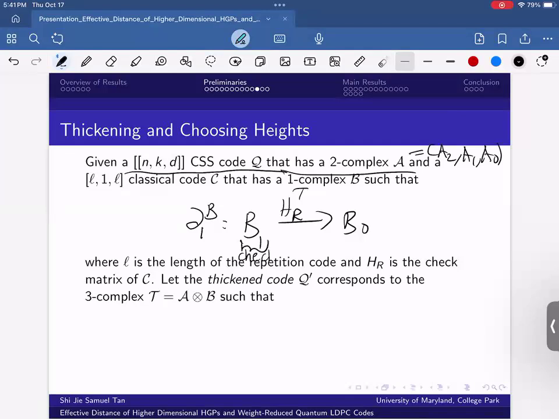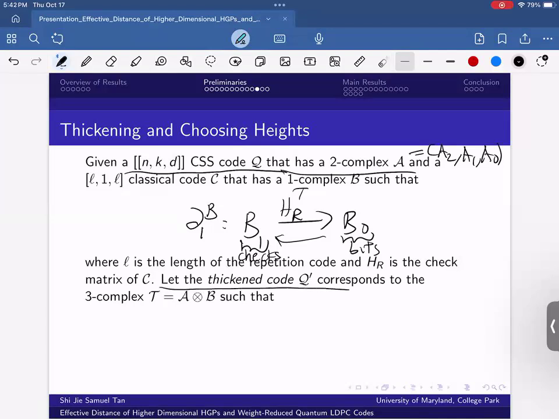These are the checks, and then these are the bits, because if you take the opposite direction, it'll be HR without the transpose. When you apply HR on the bits vector space, you get the checks vector space. So you get a syndrome that scales with the dimension of the checks. And then L is the length of the repetition code. L1L is the repetition code. HR is the check matrix of C.